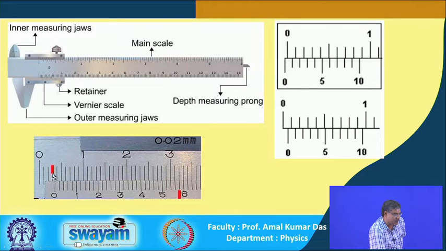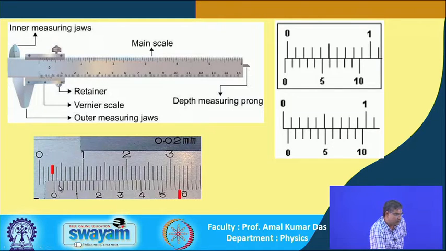This line is just at the left of the vernier 0. So, it is 3 millimeter, that means 0.3 centimeter, that is the main scale reading.